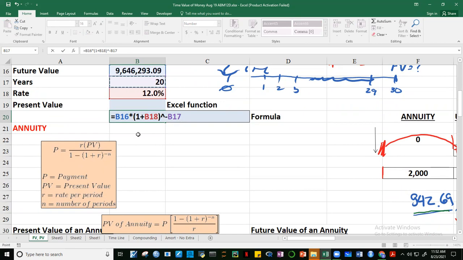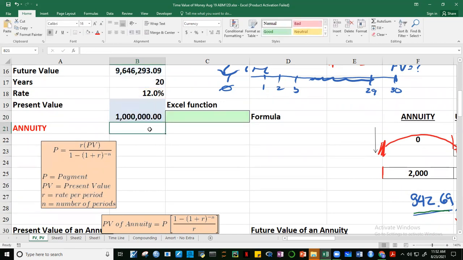Or pwede rin natin magamit is equal to future value divided by 1 plus the rate raised to the positive t naman. So it will give you the same answer, no? Based on algebra.